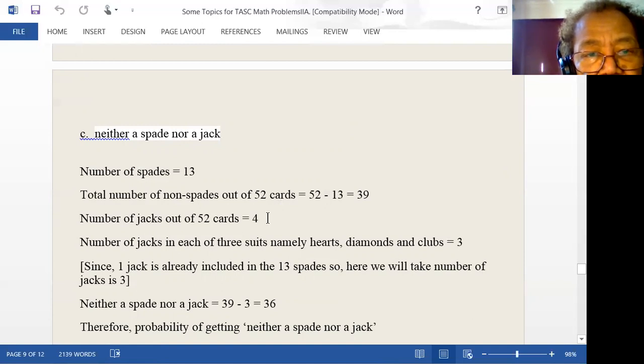But we will only look at the jacks in the 3 other suits, because the jack of spades is counted among the spades, all right? So we take the number of jacks as 3. So neither spade nor jack would be 39 minus 3, which is 36.